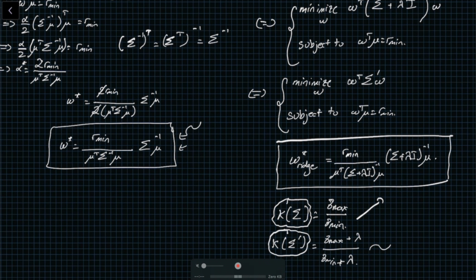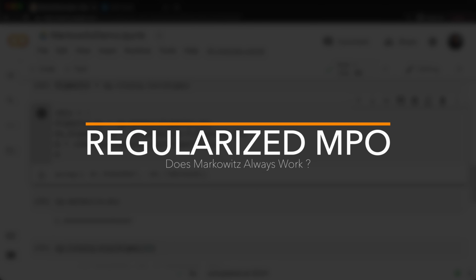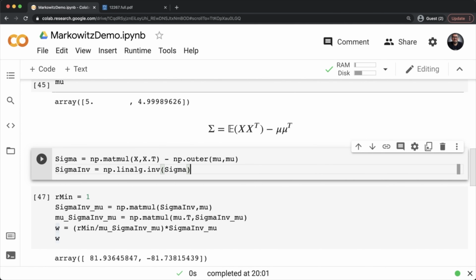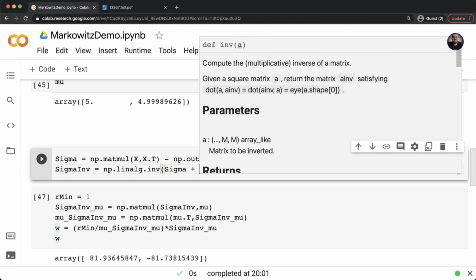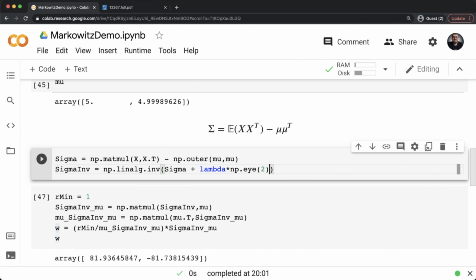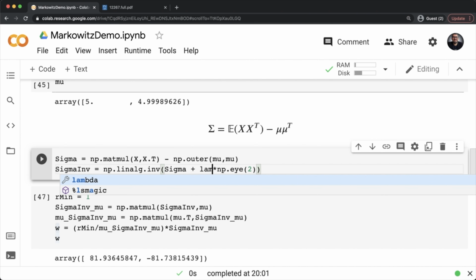Okay, and now let's see if this actually helps us in our small fictitious test case. So if I go back to my Google Colab notebook, right over here, instead of inverting sigma, I'm going to add a lambda times np.identity(2) because I have 2 stocks. And lambda is reserved for lambda expressions, so I'm going to be using lam as such.